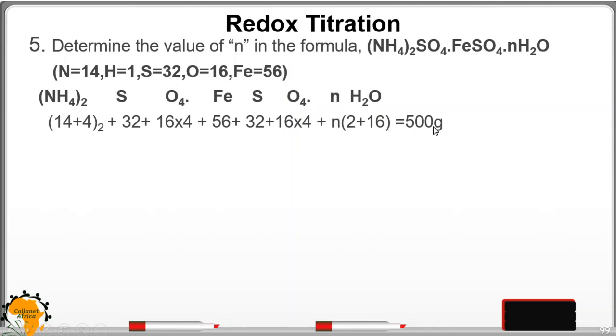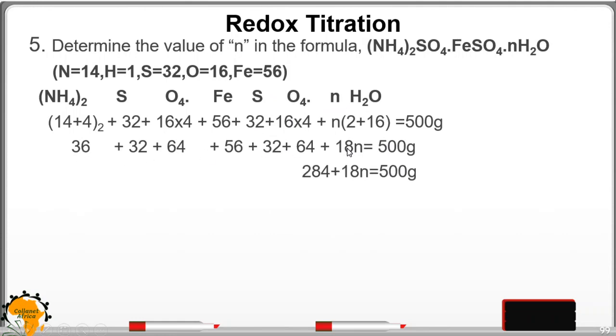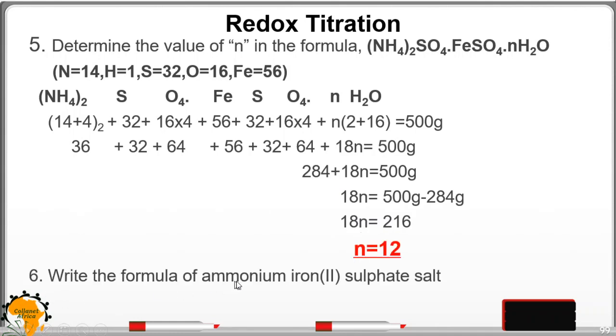When you sum up all that, you get 284 plus 18n equals 500. You subtract 284 from both sides to get 216 equals 18n. So our n is 12. And finally, write the formula of ammonium iron(II) sulfate salt, with our 12 there. So that is how we do redox titration, and we have used it in determining the value of the water of crystallization.